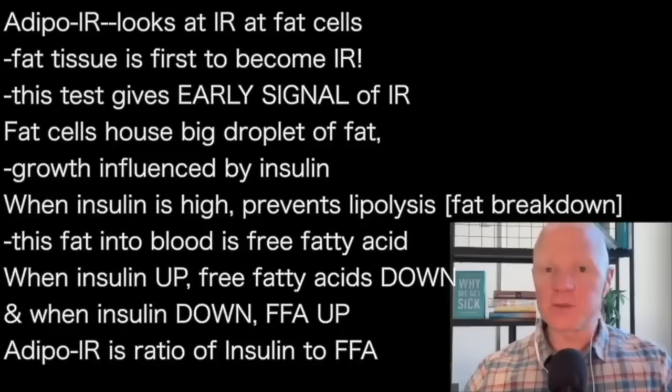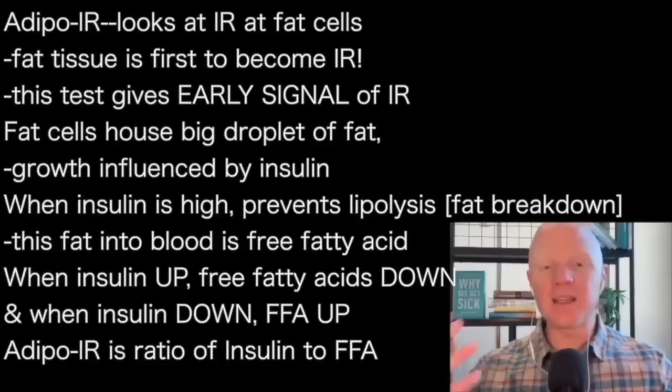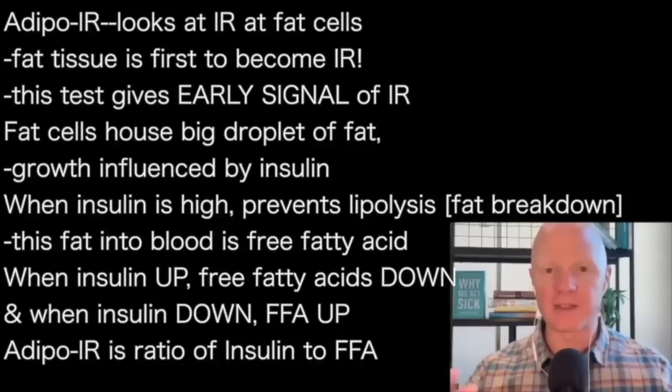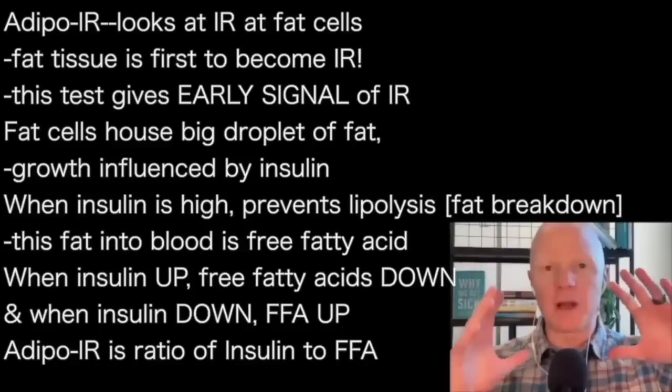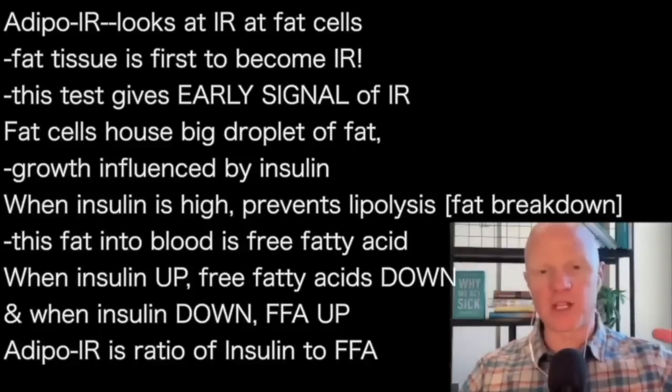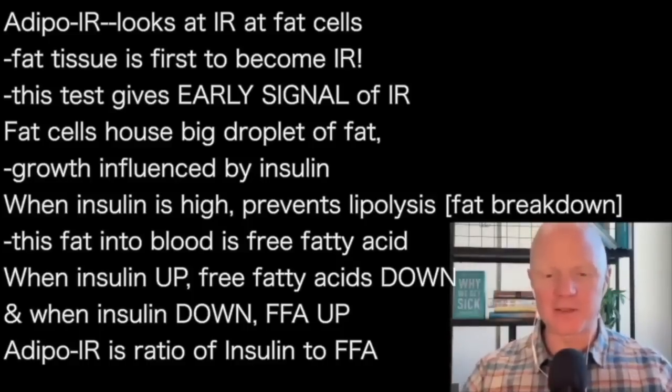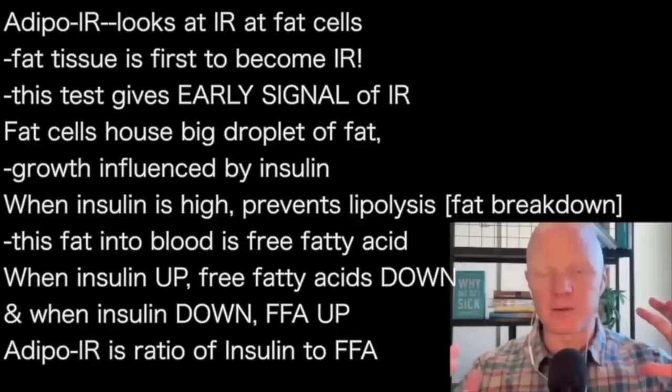Now, something that's so interesting about this is just the elegance of the biochemistry of what's happening at the fat cell, or the biology of the fat cell. We know that fat cells house this big droplet, I mean, relatively big, microscopically big, but big by cell standards, a big bubble of fat, if you will.